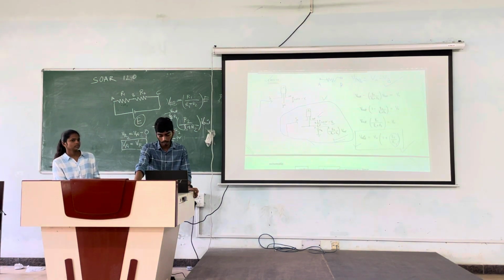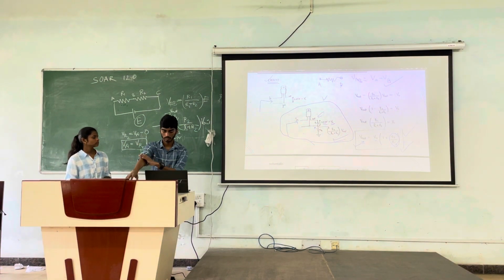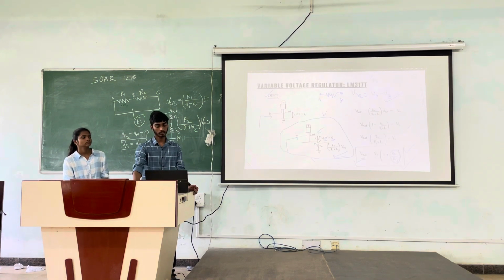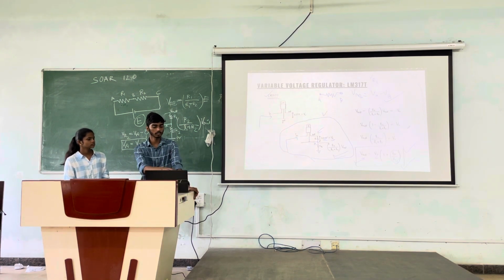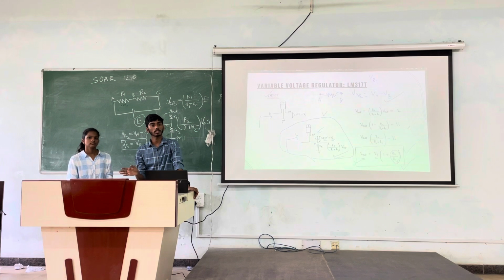So we can obtain any voltage V out by changing this combination, multiplied by this characteristic voltage which we can't change. So this IC follows this equation. Do you have any doubt in the variable voltage regulator LM317?